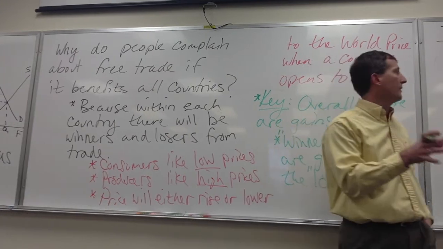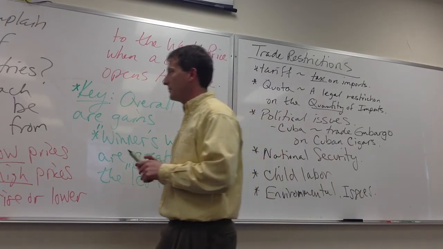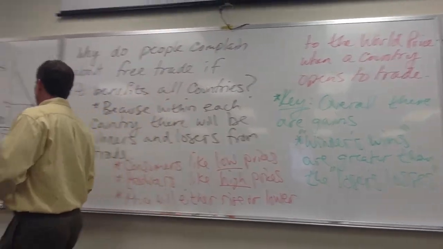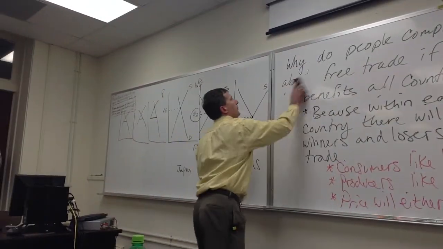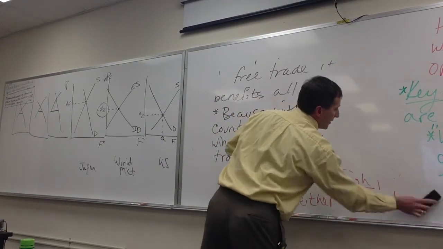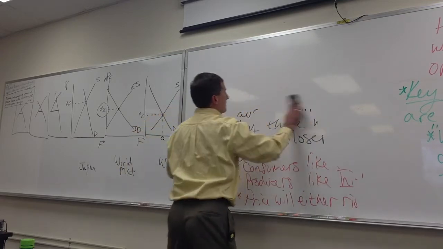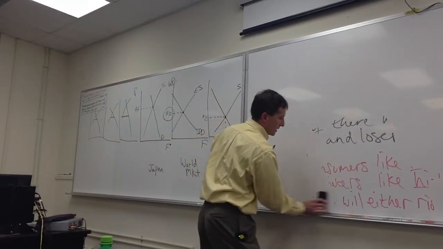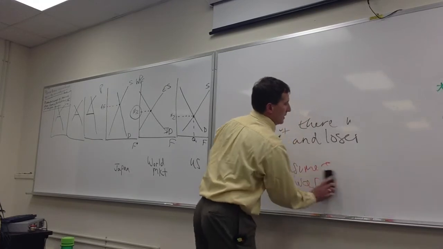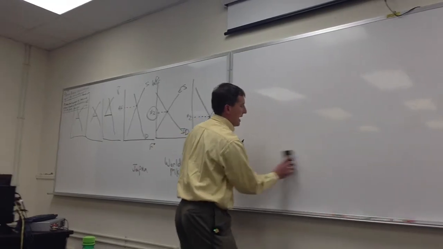So all of this stuff can tend to cause issues in trade. All right, so I'm going to start with the tariff and show the effects of that for our country. So I think we'll put on our Japan hat.